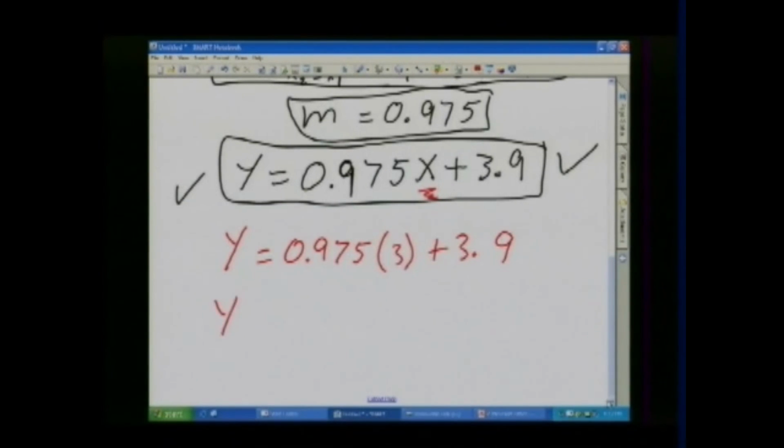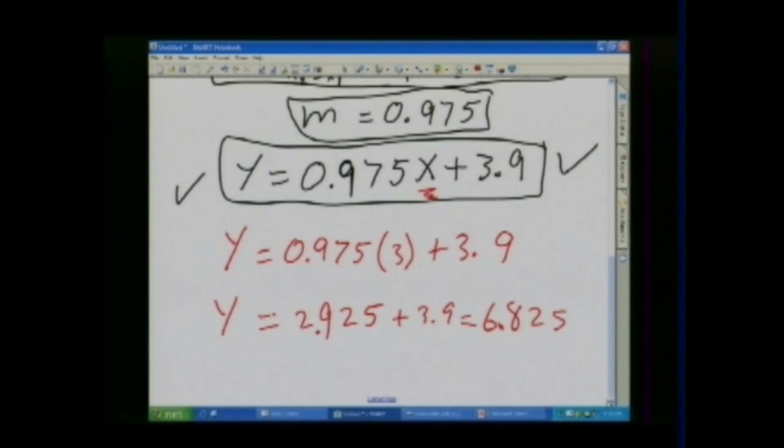Then y is equal to 2.925 plus 3.9 equal to 6.825.